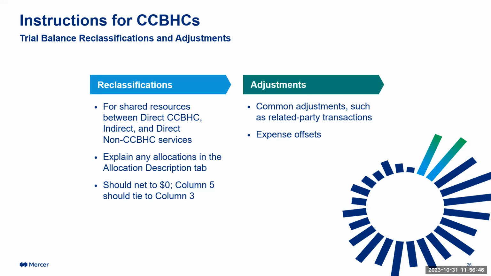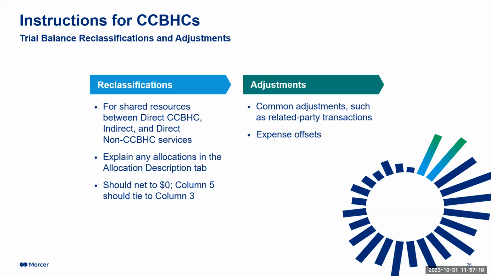When we were talking about reclassifications and adjustments, again, reclassifications are for shared resources that would maybe go between direct, indirect, and direct non-CCBHC services. Any allocations that get added and subtracted in different rows and columns are going to need to have an explanation on the actual reclassification tab.